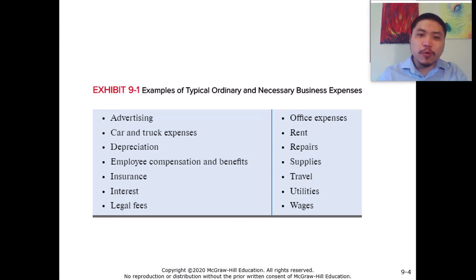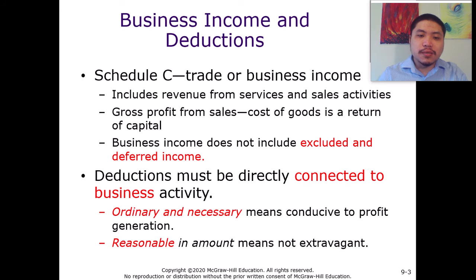One thing I want to point out is that the business expense doesn't have to be repetitive to be considered ordinary and necessary, because sometimes there are occasional expenses that are necessary for the business to run. They have to be incurred for the business to run, but they're not repeated. It's like one or two times, or it only happens once in, say, two or three years, right? For example, legal fees, right?